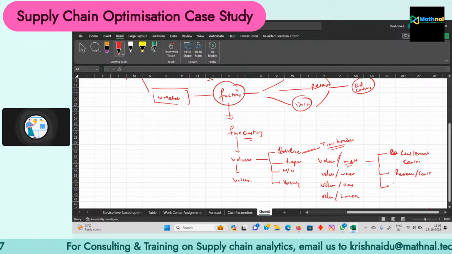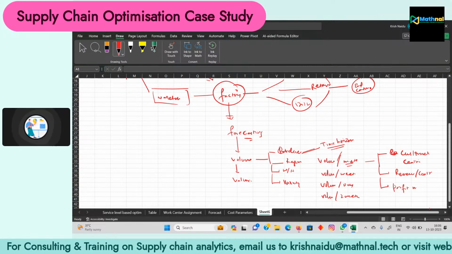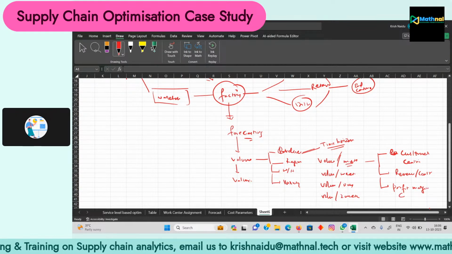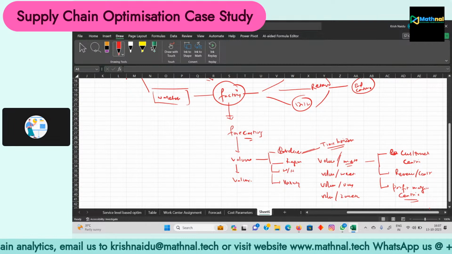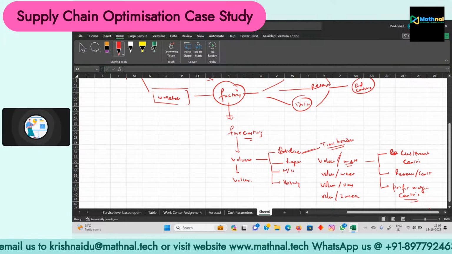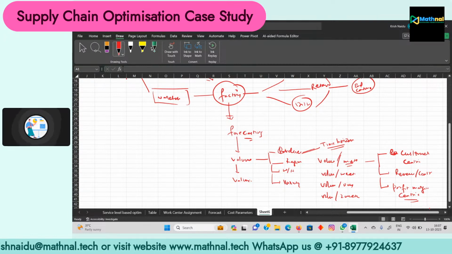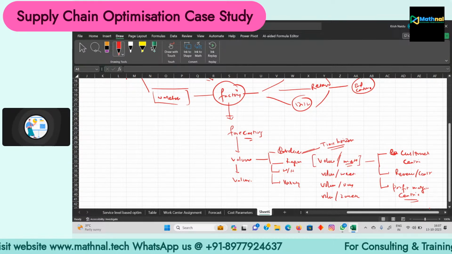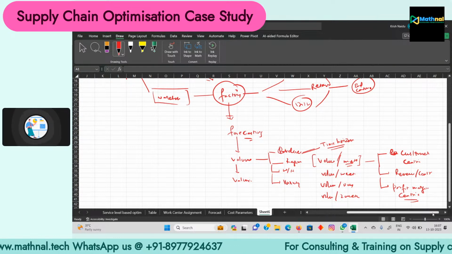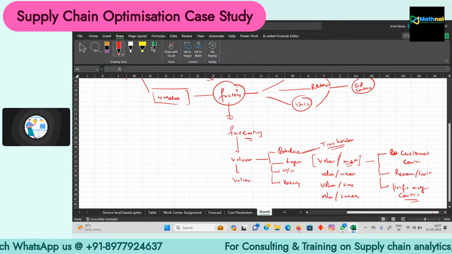You need to make it profit margin centric. So if you want to make it customer centric, revenue centric, or profit margin centric, we need to define our forecast by time. So this forecast is happening by time.